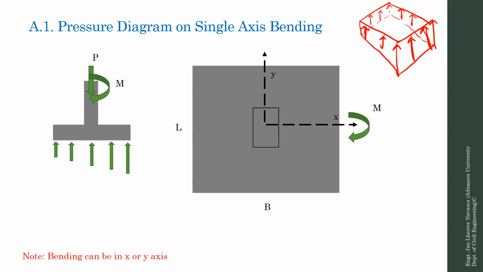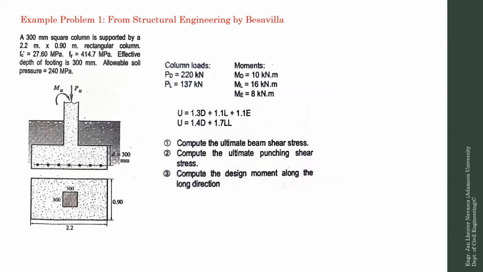It would be better if we try to solve a problem. This is an example problem for actually loaded with single axis bending, from the book Structural Engineering by Besavilla. A 300 millimeter square column is supported by a 2.2 by 0.9 meter rectangular footing.